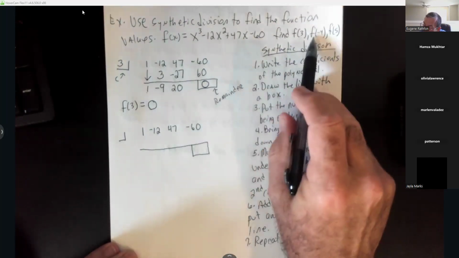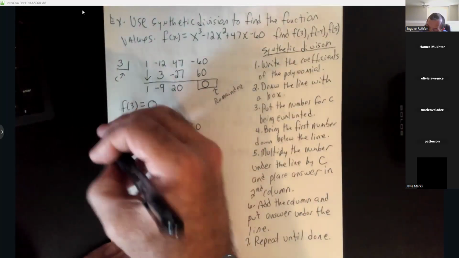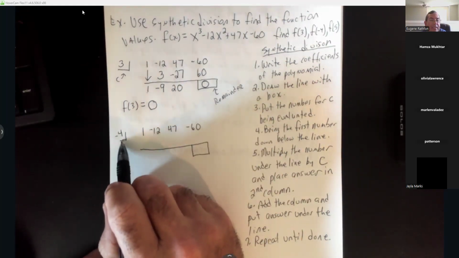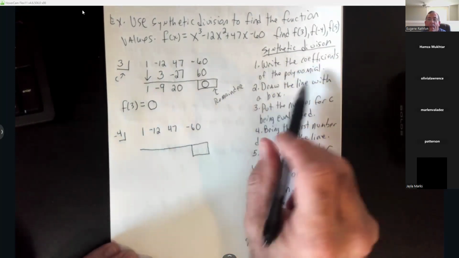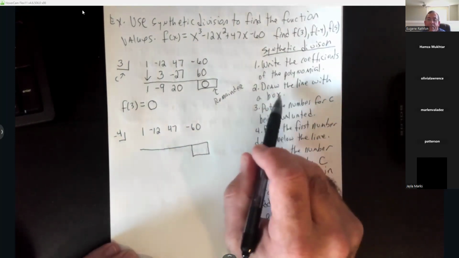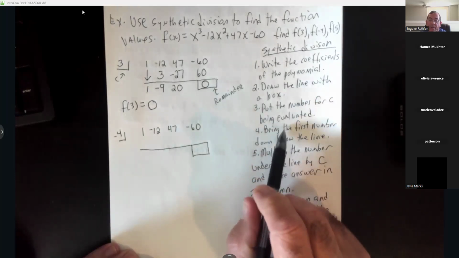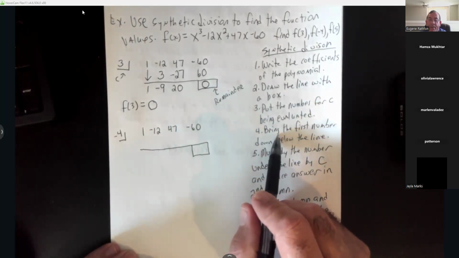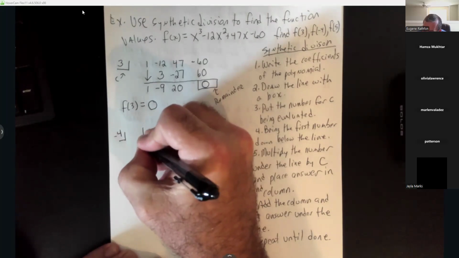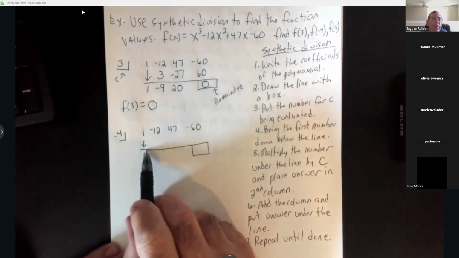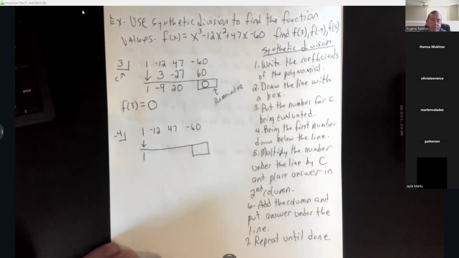All right, so now we're finding the function value for a negative 4. So negative 4 is now our C. So we wrote the coefficients, drew our line with the box. We got C now. So now, bring the first number down below the line. This first number is always going to come down and be below your line for you, okay?